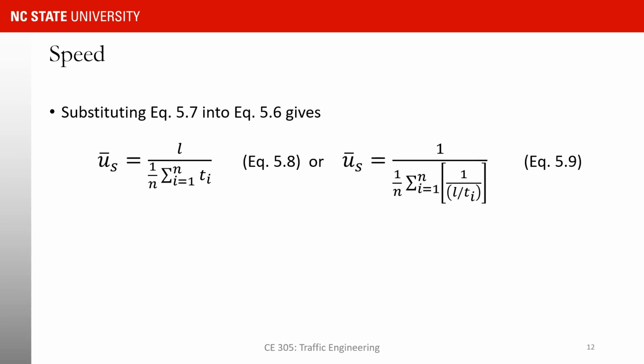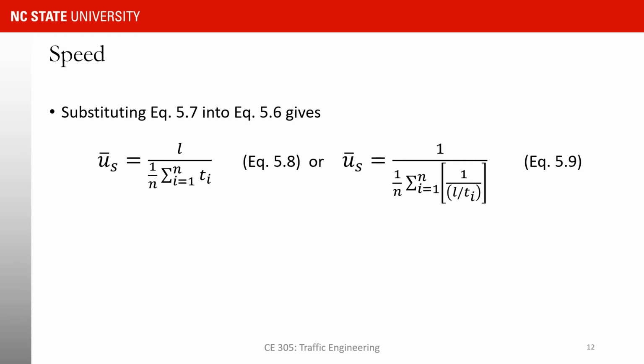Okay, so let's take a look at this equation. Space mean speed is L divided by the average of t's. I have written the average of t's like this: summation of ti over n.